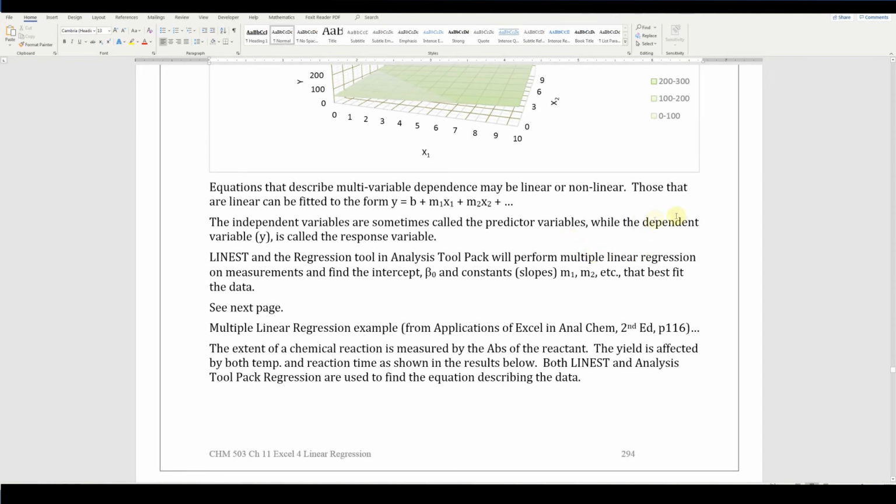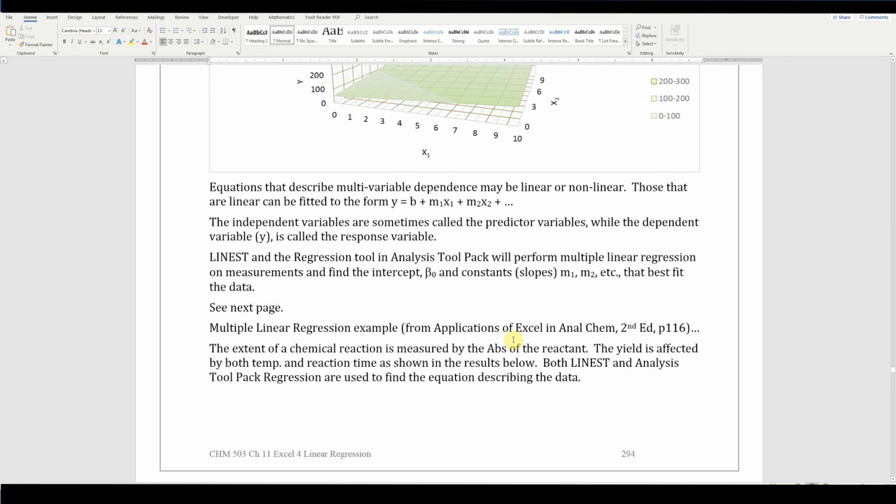The dependent variables are sometimes called response variables. And both LINEST and the regression tool in Analysis ToolPak will perform multiple linear regression just as easily as they did two-variable linear regression. And it will find the intercept b or b sub 0 and the constants m1, m2 that best fit the data.